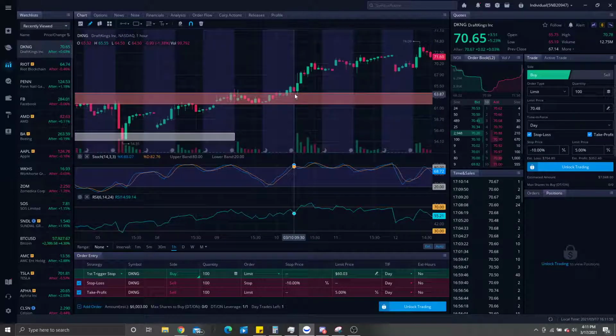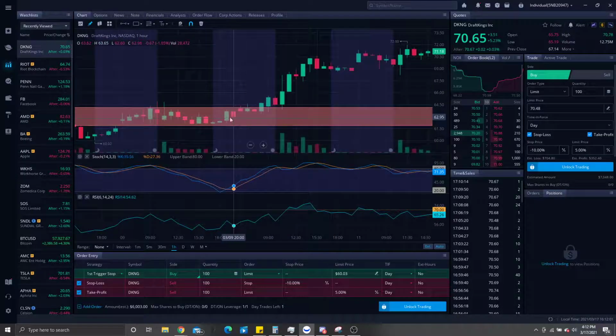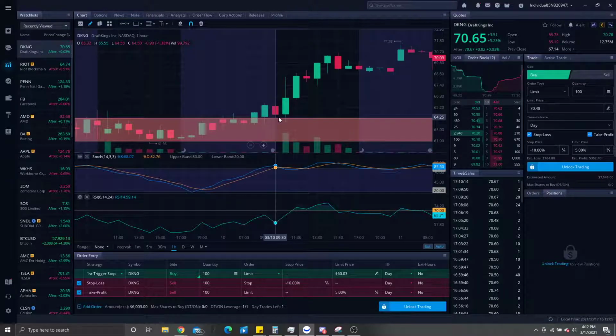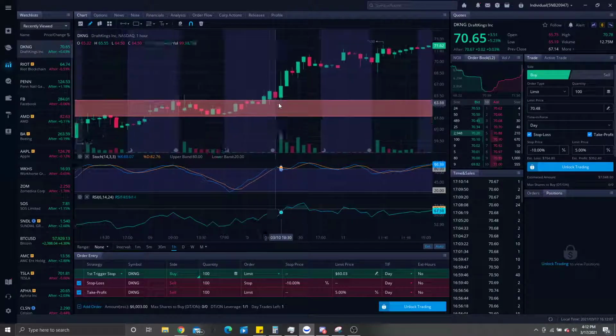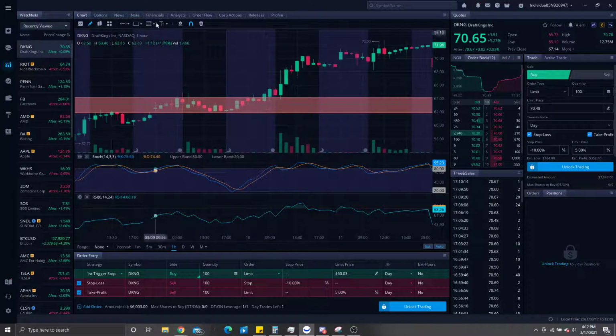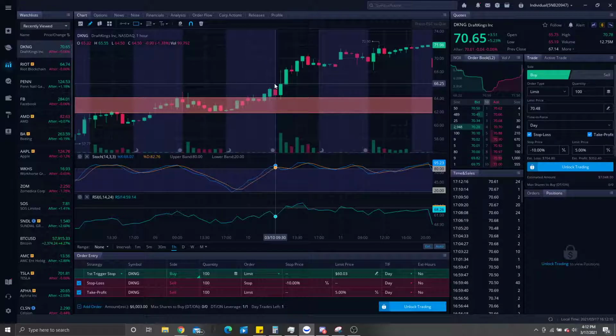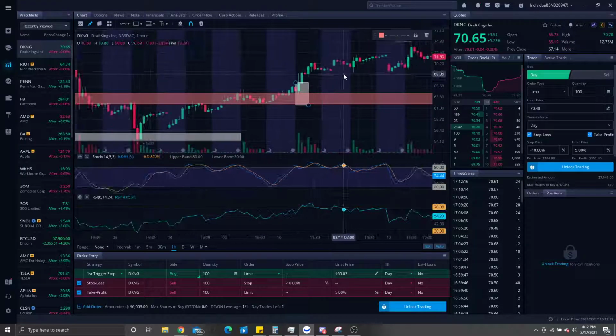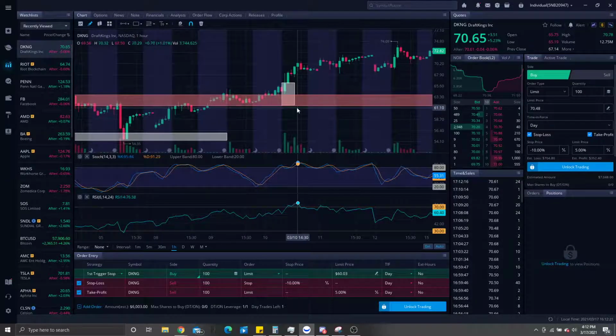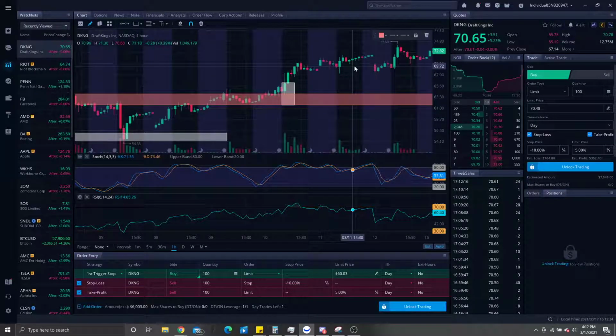But this is a trade you can take. So you get the breakout here from your daily zone, retest on the 1 hour, and then you get a bullish candle here. That's a good breakout. So risk here. Remember, we're trailing our stops on swing lows. So you would have gotten stopped out probably.